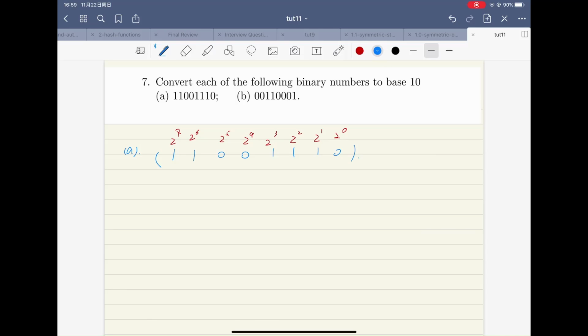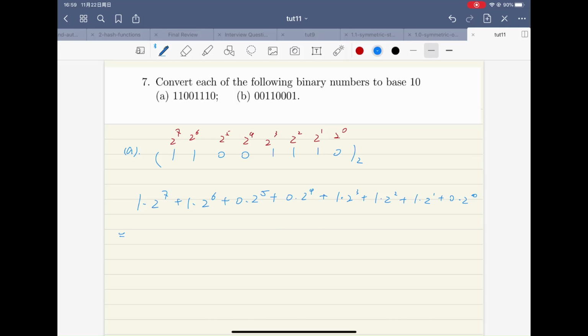It's base 2. So simply we have 1 times 2 to the power of 7 plus 1 times 2 to the power of 6, 0 times 2 to the power of 5, 4, 3, 2, 1, and 0.